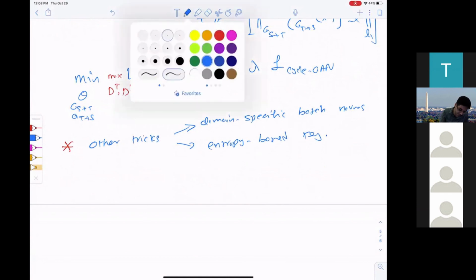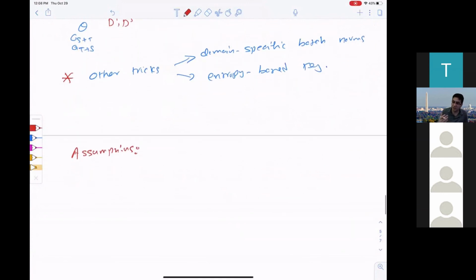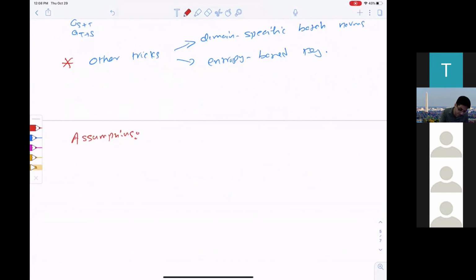All right, so let me go back to the assumptions that we started with. To argue that domain adaptation can be successful, we have three assumptions. The first was the covariate shift assumption, that the conditional distributions between source and target should be the same.